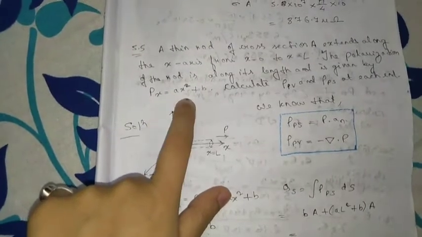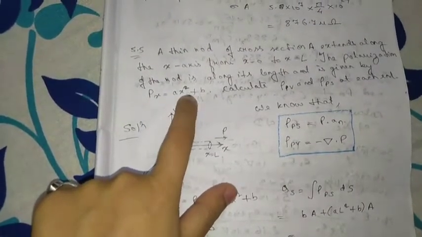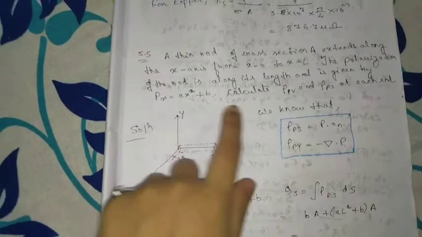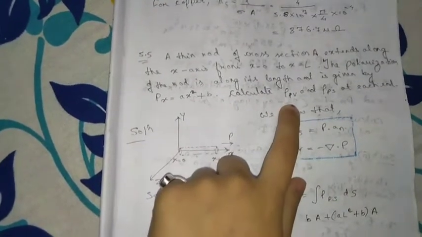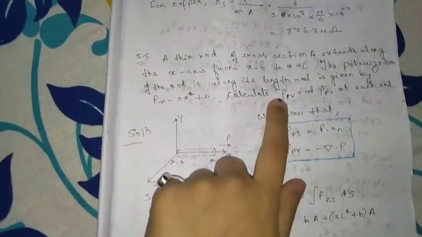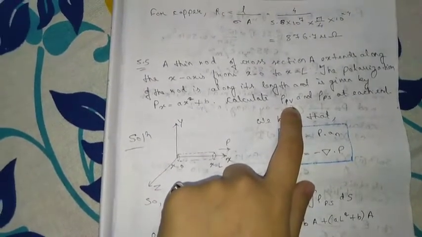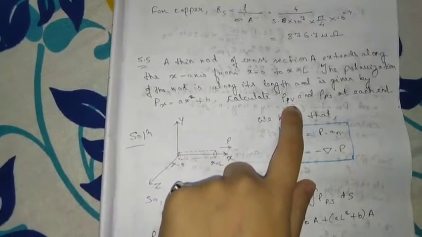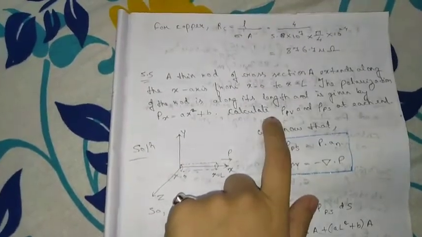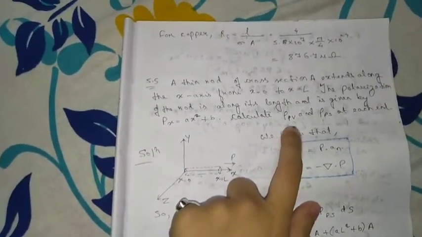We have to calculate the bound volume charge density, or polarization volume charge density.